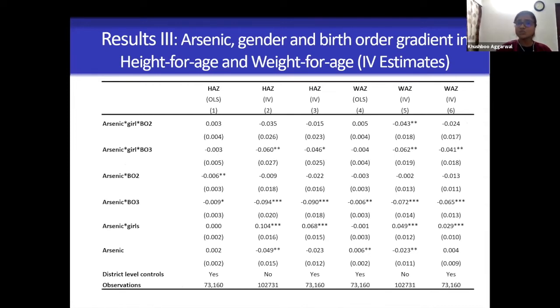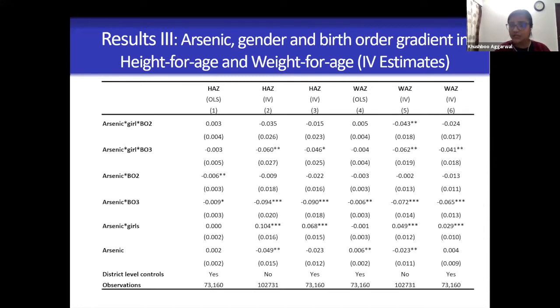But when we talk about our IV estimates, I'm talking about column 3 and column 6 per se, we find that when the level of arsenic increases by 1 unit, it would lead to a decrease in height for age for girls who are born at second birth order and for the girls who are born at third birth order by 0.015 standard deviation and by 0.046 standard deviation respectively. The effect seems to be quite significant.